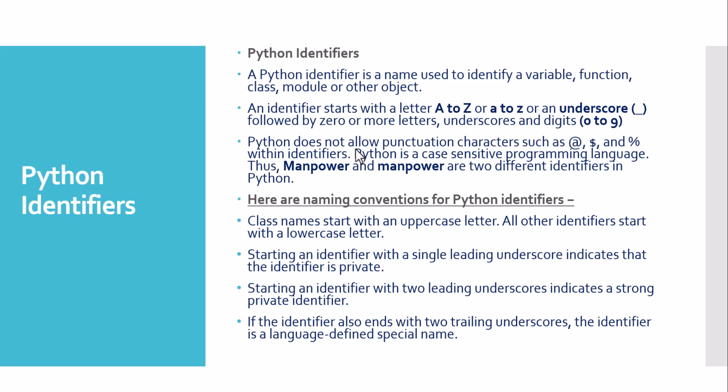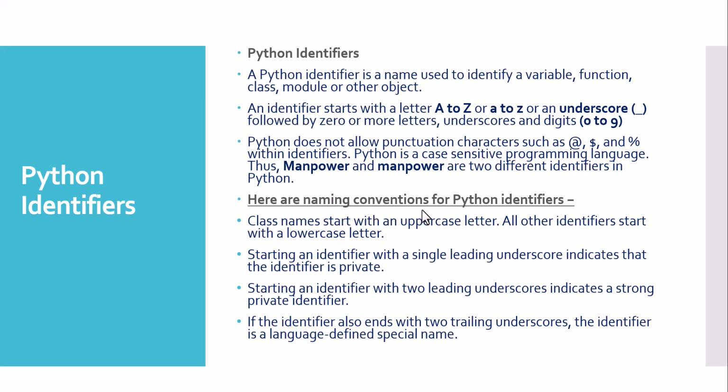Python does not allow punctuation characters such as @, $, or percent within identifiers. Python is a case sensitive programming language, thus Manpower and manpower are two different identifiers in Python. One is written in capital letters, the other in small letters, which shows it is a case sensitive programming language.